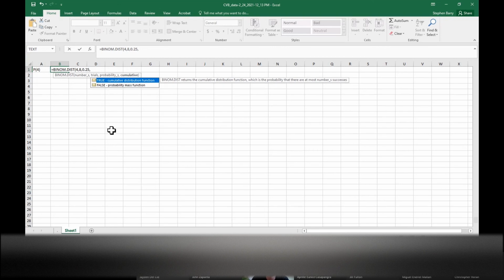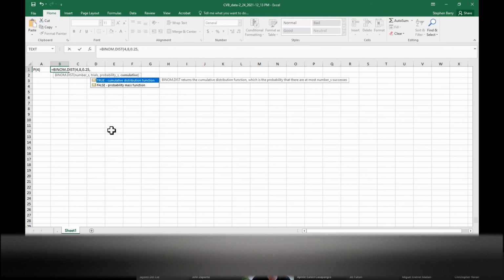And you'll see this a lot in Excel, especially going forward, something called a true or false selection. So 0 is false, 1 is true. And I want false because I don't want a cumulative result. And I'll show you when we do want cumulative in a minute.